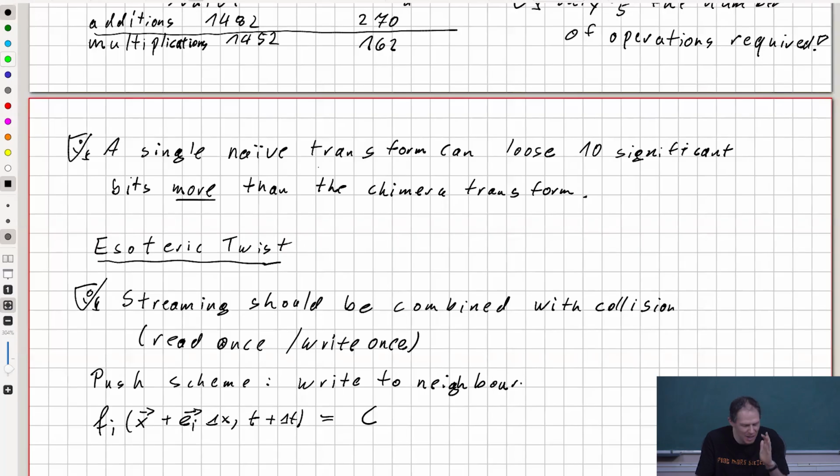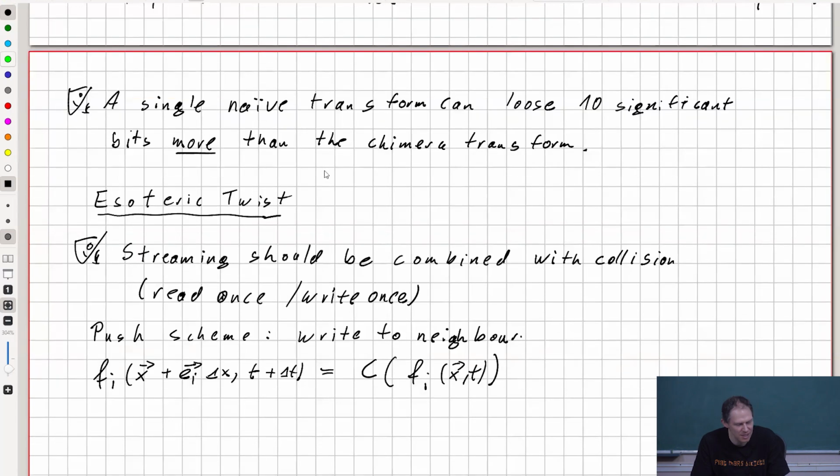I'm not completely sure how I should write this, so I put a C: this is the outcome of the collision applied to f_i that we read from the current location in the current time step. So we take f_i, apply the collision, and then we move this to the neighbor. This is the way we implemented this.